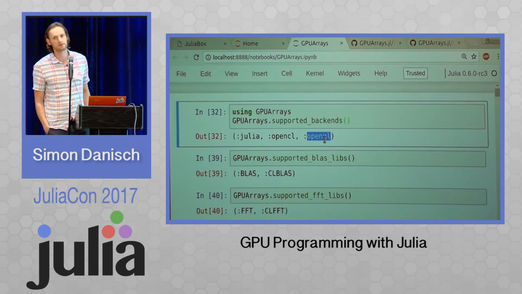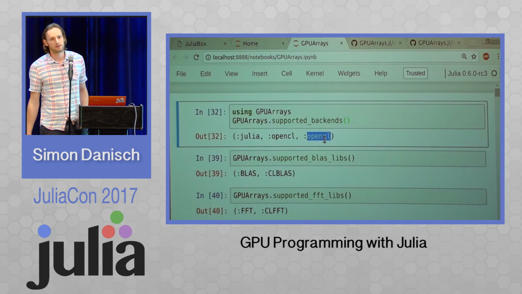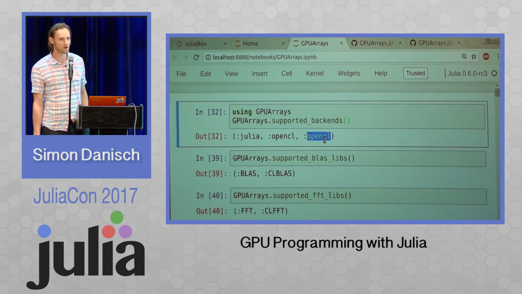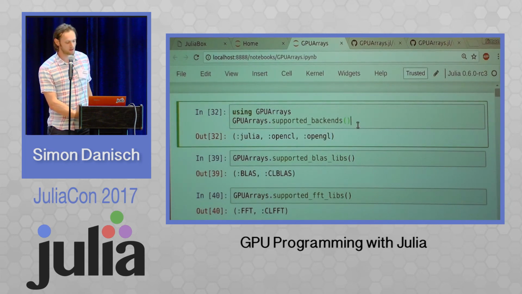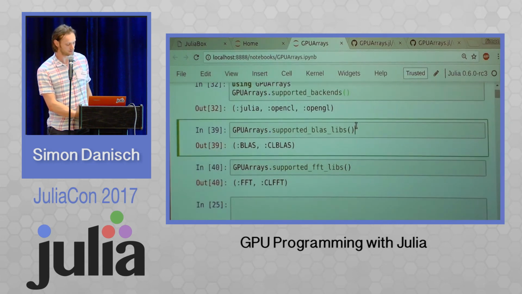But I'm also trying to have OpenCL talk with OpenGL or CUDA talk with OpenGL, so that you can launch compute with CUDA or with OpenCL and then visualize it as easily as possible. Or in the worst case, if none of the backends actually work with your hardware, you still have a Julia backend to do the computations and still be able to visualize things.